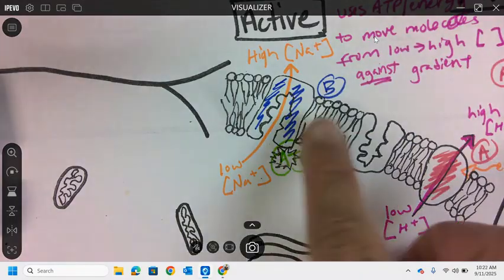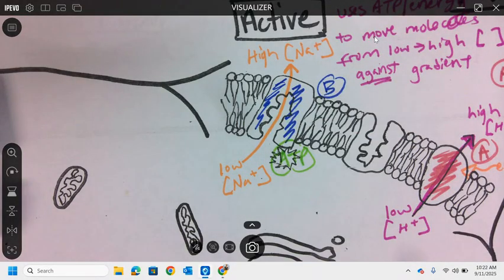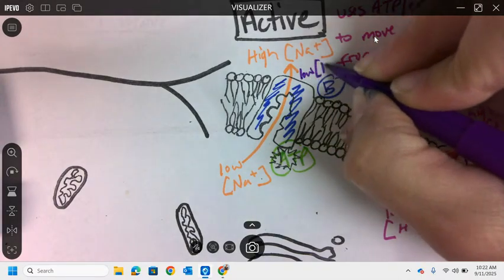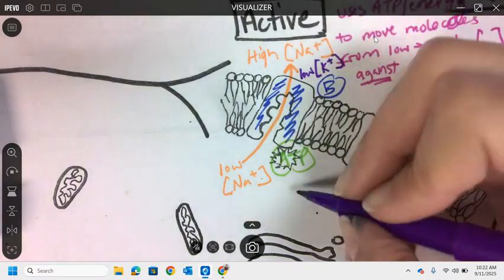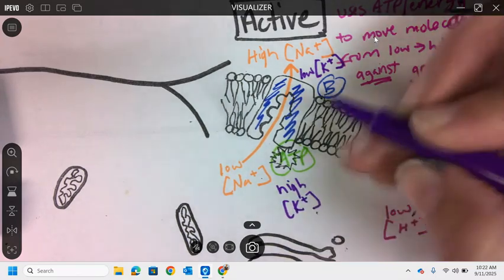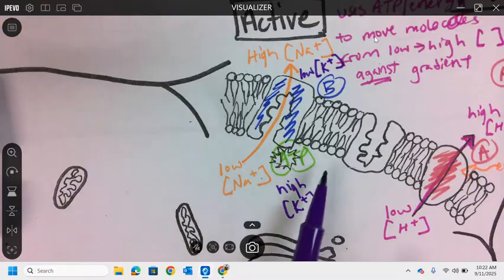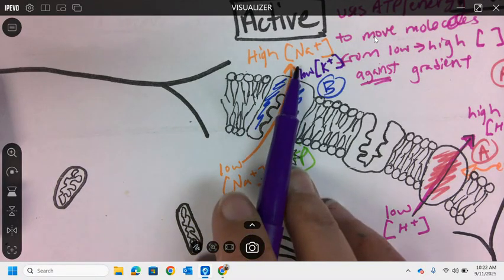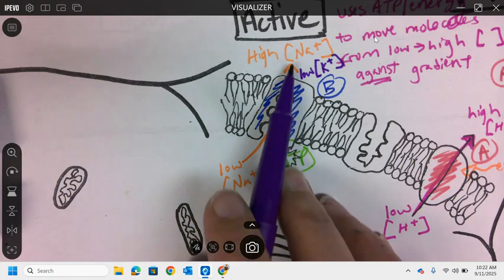Then on the outside of the cell, we have a low concentration of potassium. And on the inside of the cell, we have a high concentration of potassium. So this protein is going to use ATP to change shape to dump 3 sodium outside the cell, pushing that sodium from low to high concentration.